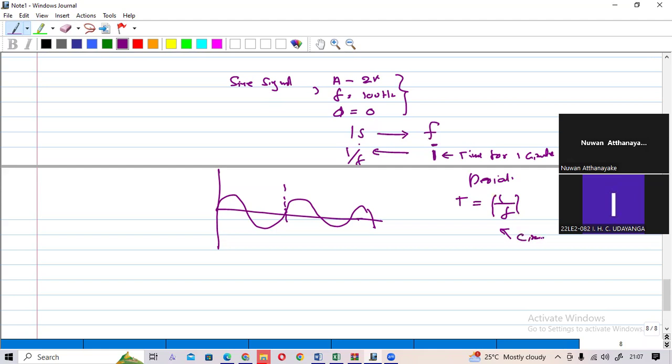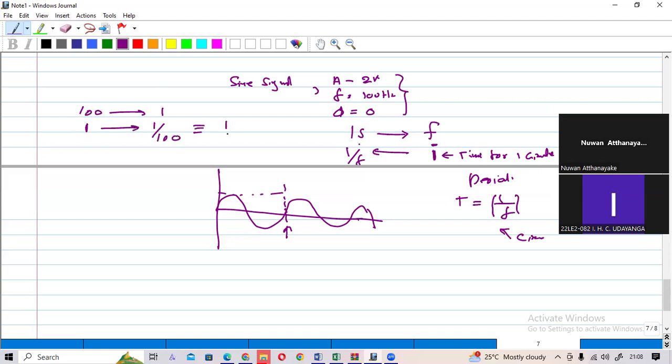So what is the period here? This is one cycle, and one cycle time is this one. How do you find the one cycle time? You have the frequency, the number of cycles in 1 second. Then for one cycle, the time will be 1 over 100.